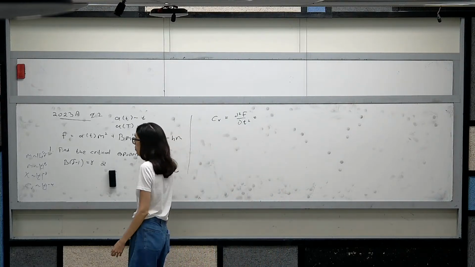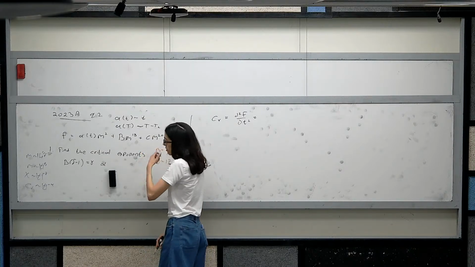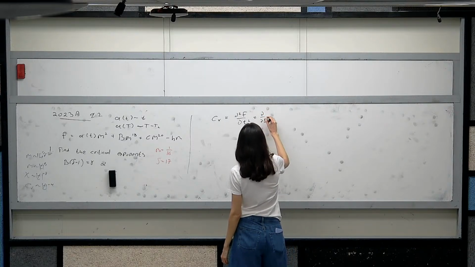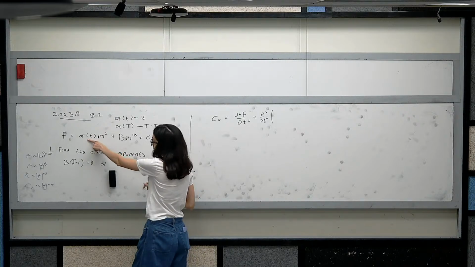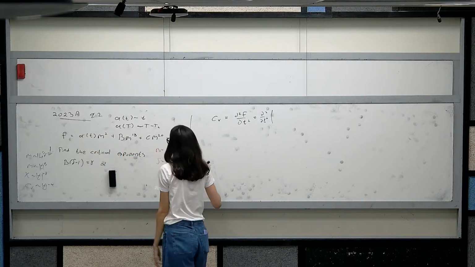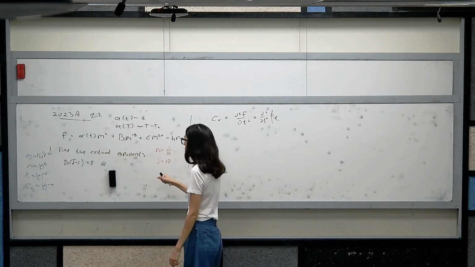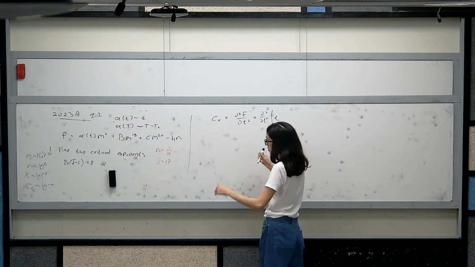So what we're going to do is use the scaling of beta. We have the second derivative with respect to T, and A of T is proportional to T. M squared is actually T to the power 2 over 16.